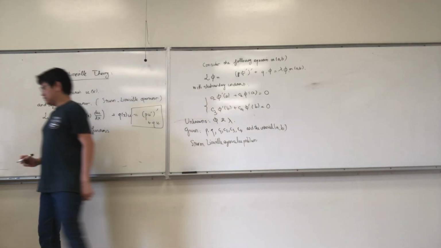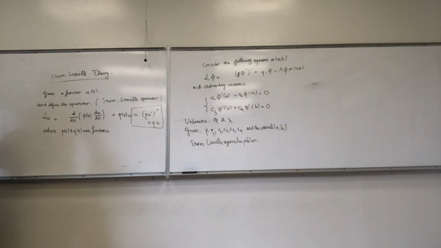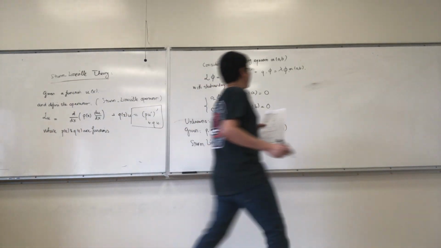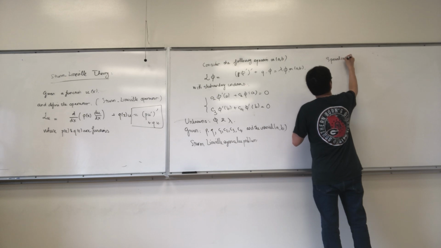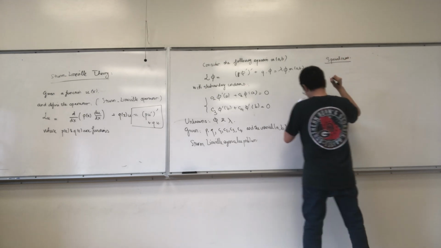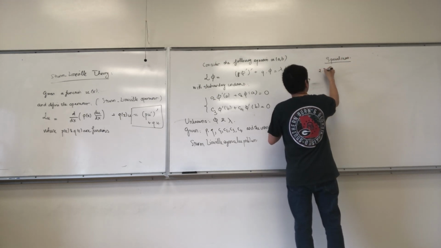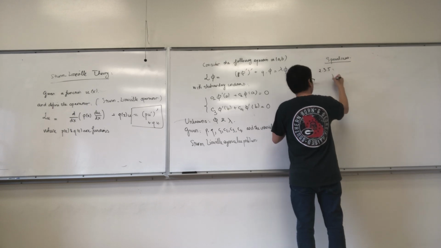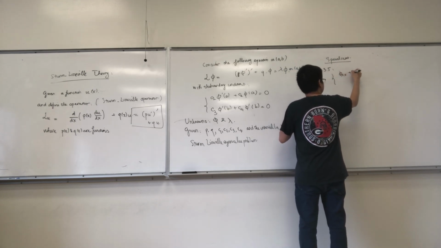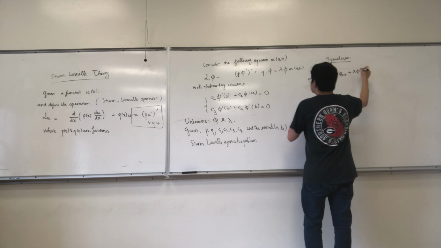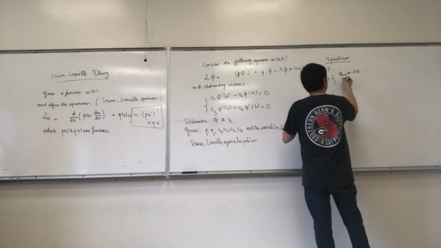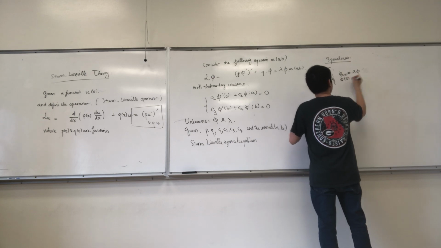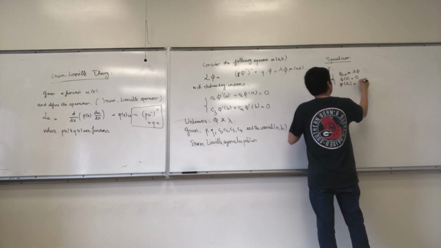Some special cases. In 2.3.5 we have phi'' plus lambda phi equals 0, with phi at 0 equal to 0 and phi at 2 also 0.